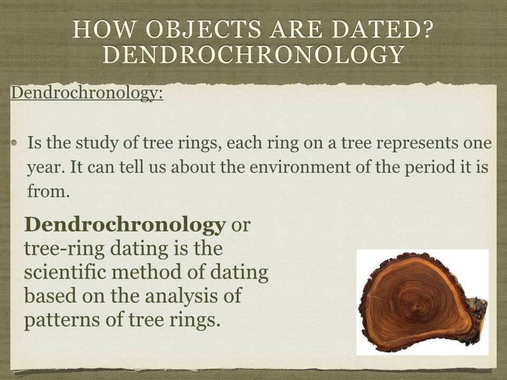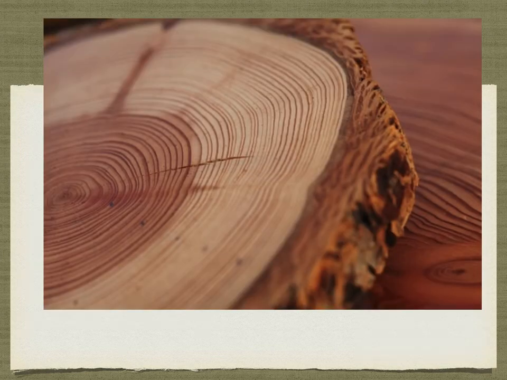Dendrochronology or tree ring dating is the scientific method of dating based on the analysis of patterns of tree rings. Now this is a very complicated and painstaking process, but basically, as you can see from this picture here, the rings aren't uniform, they're not all the same. Some are bigger and some are smaller, some are closer together.